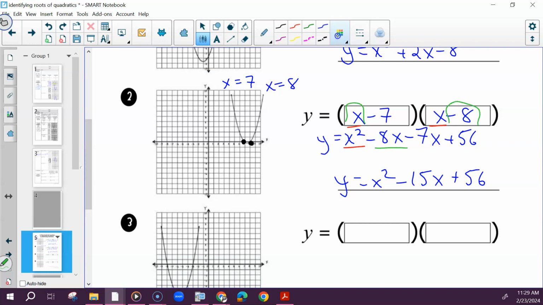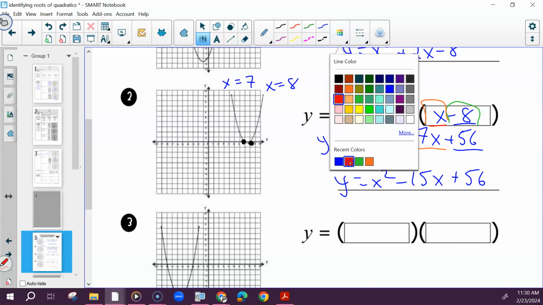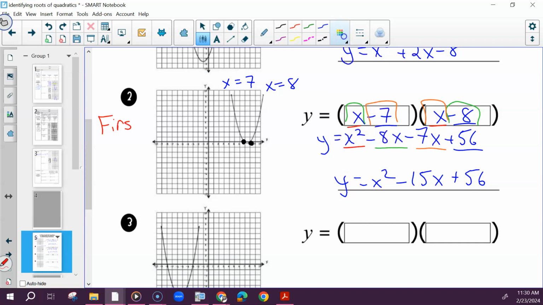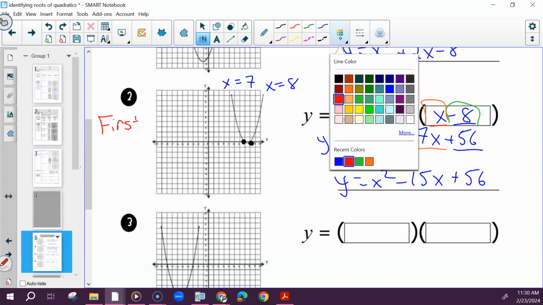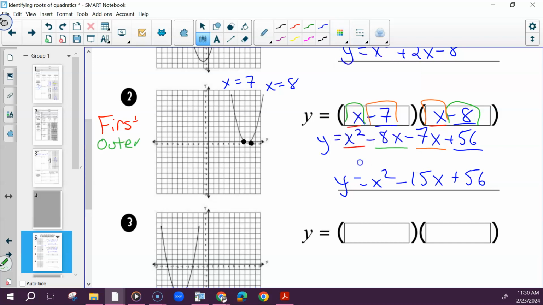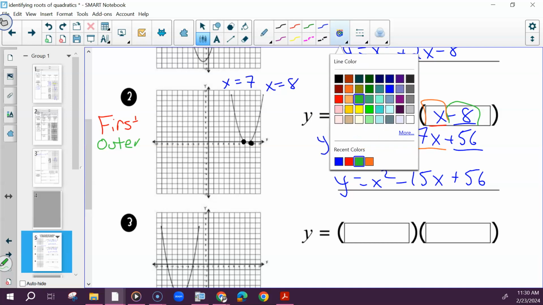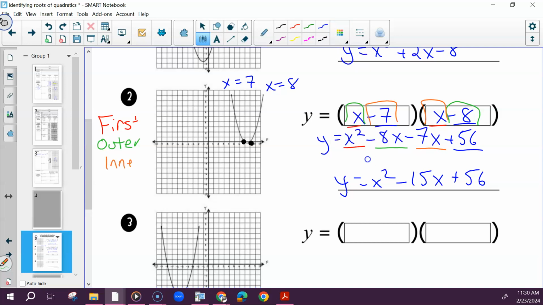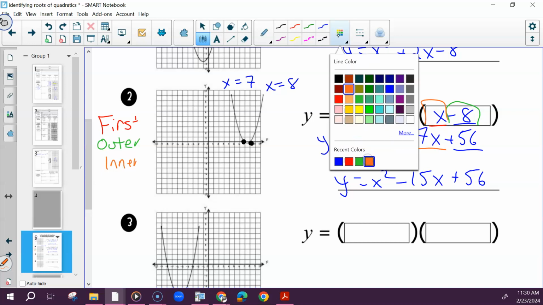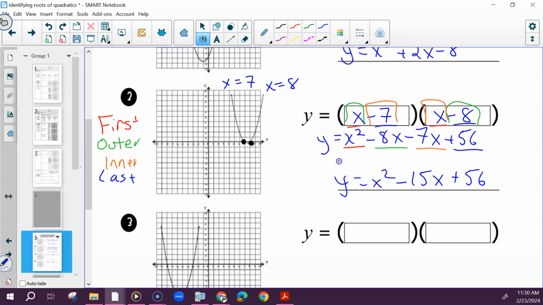I try to color code that. FOIL is first, the first 2, and then outer, the outsides, and then inner, the insides, and then last, the last 2 numbers.